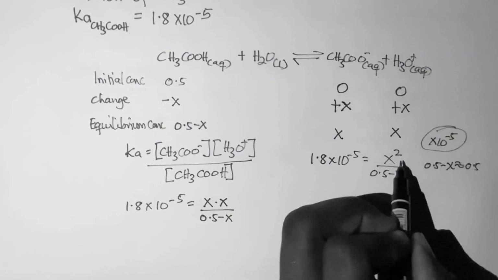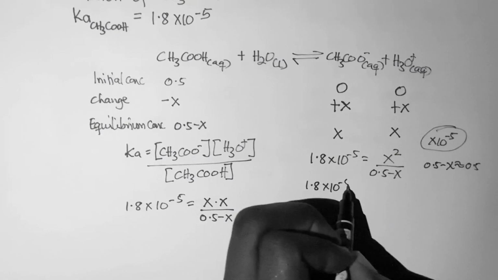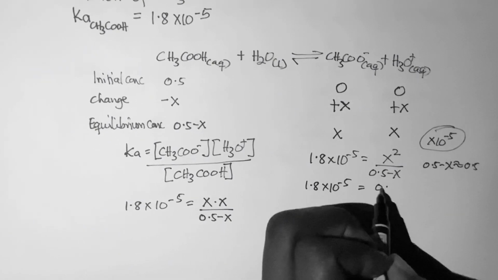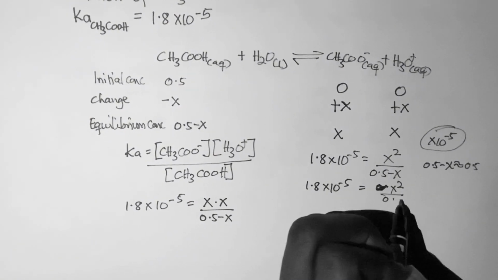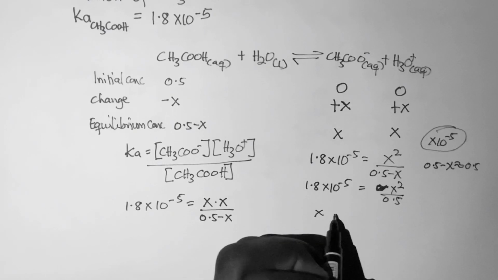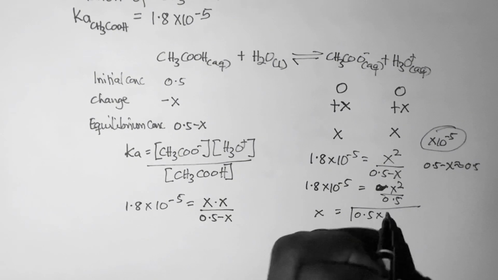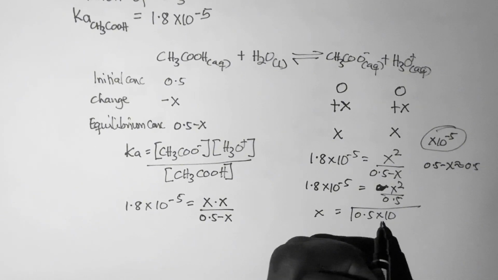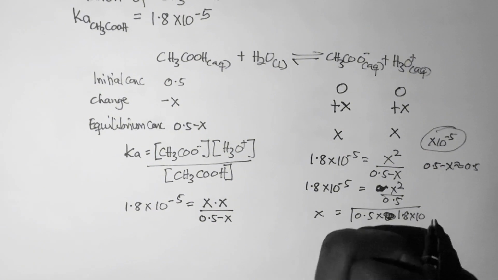So what we'll do is say that 1.8 times 10 exponent minus 5 is equal to X squared divided by 0.5. So X is equal to the square root of 0.5 times 1.8 times 10 exponent minus 5.